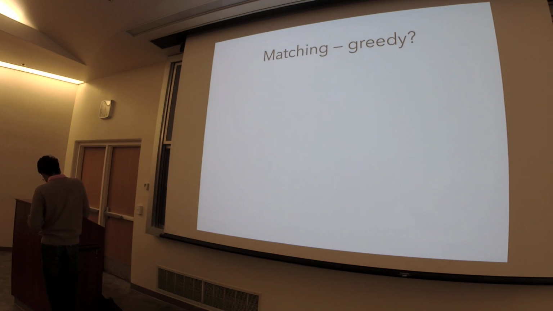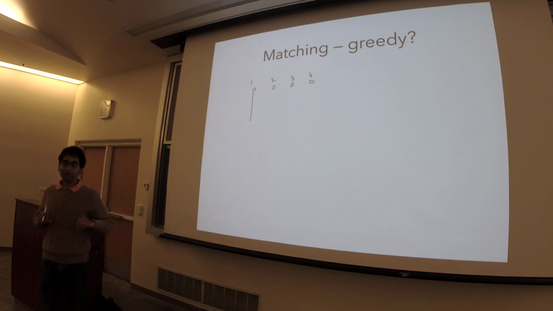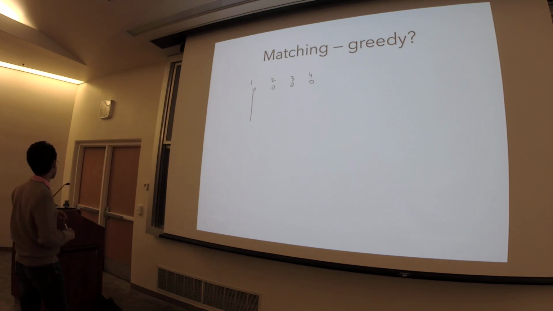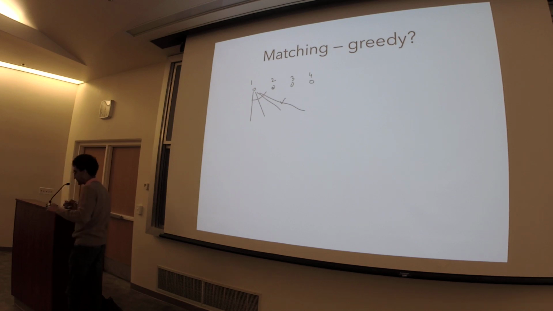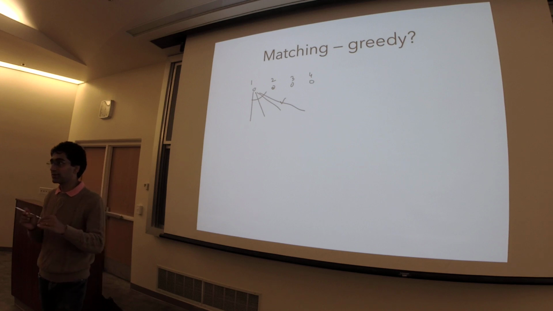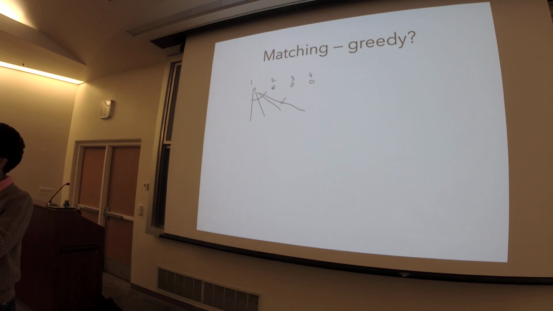You go through the children in some particular order: you look at children 1, 2, 3, 4 in that order, and for child 1 you first give the gift this person values the most, then go to 2 and do the same thing. Of course, I cannot give the same gift to 2 people, so I only look at the gifts still remaining, and of those I pick the best one, and so on.